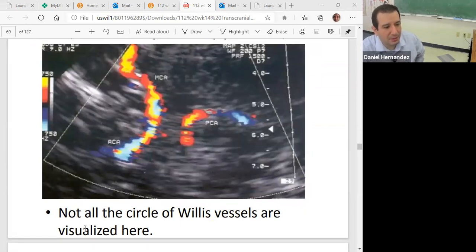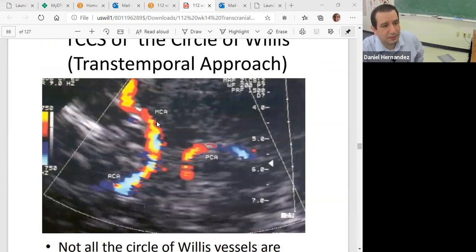So in this image, not all the vessels of the circle of Willis are visualized. In the transtemporal approach, transducer on the patient's temple, our middle cerebral artery is going towards us, and a posterior cerebral artery. So this is a good example of the P1 segment and P2 segment. P1 is coming towards us, the P2 segment is in blue going away from us. Anterior cerebral artery in blue going away from the transducer.